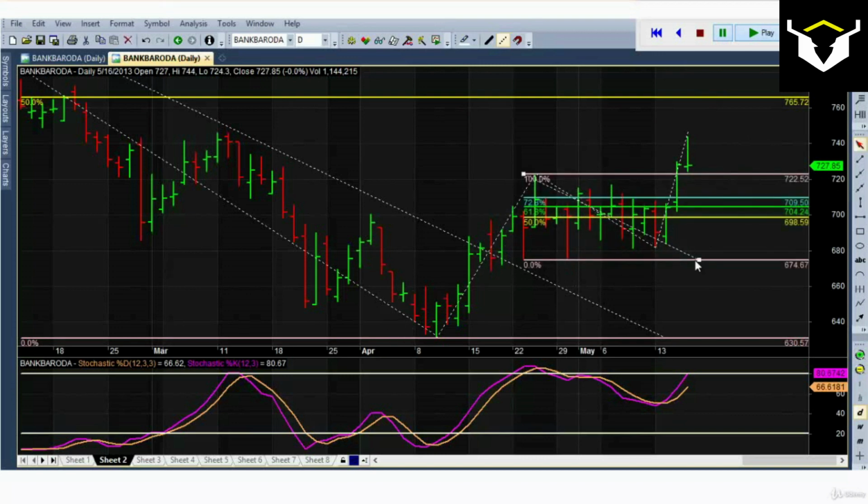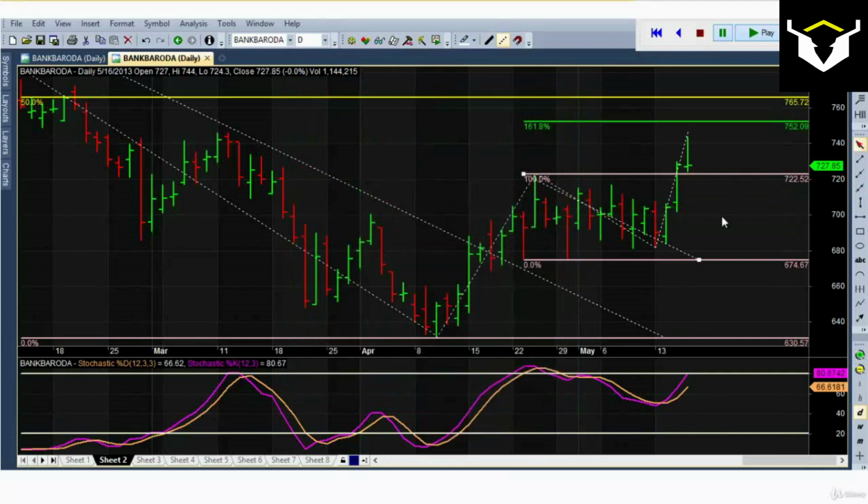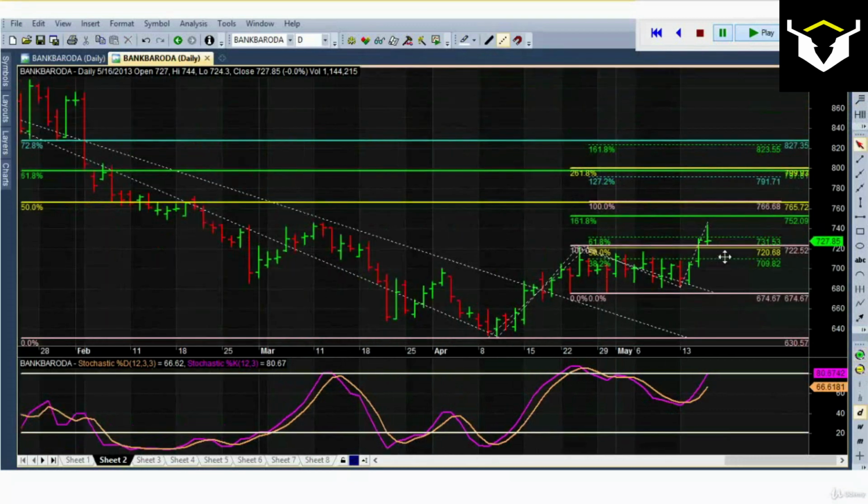We use this extension of wave B and then I'll use ratio of wave A. So the nearest price cluster is around the range of 750 to 765.